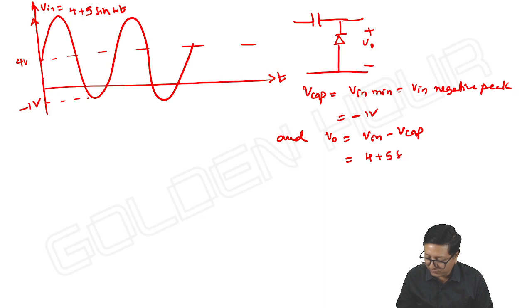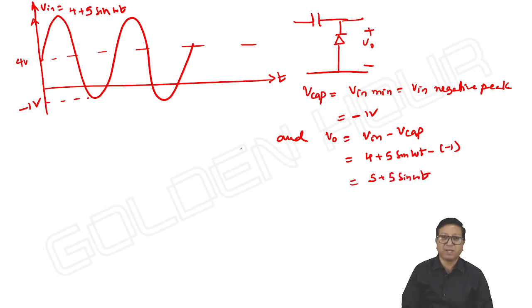Here 4 plus 5 sin omega t minus V capacitor, which is minus 1. It is 5 plus 5 sin omega t. Are you not getting? Unbiased. Every time the capacitor voltage only changes, the output equation does not change. It remains as usual, 5 plus 5 sin. Okay. Like this we can take.